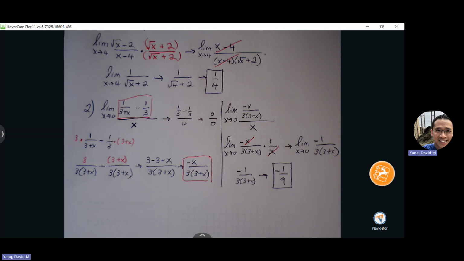Plus 2. So make sure you conjugate the column the exact same.